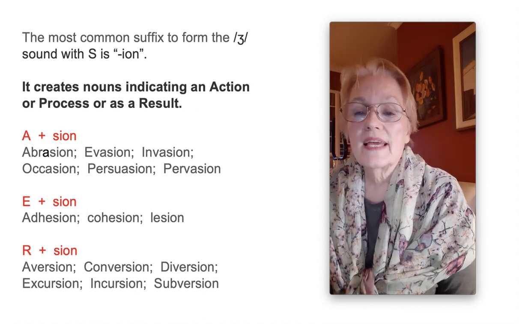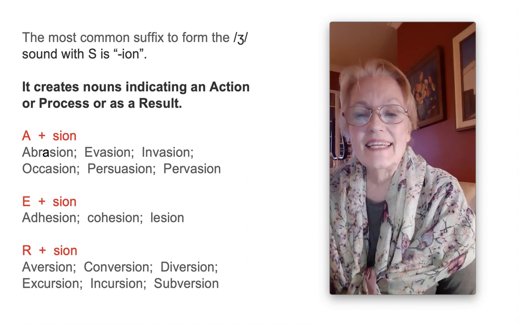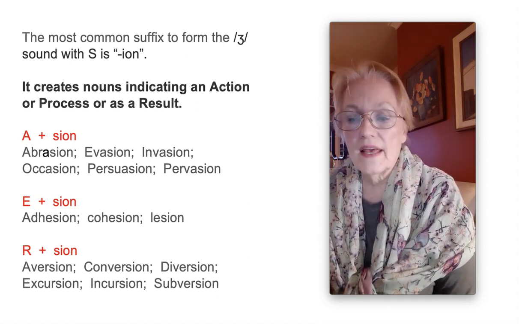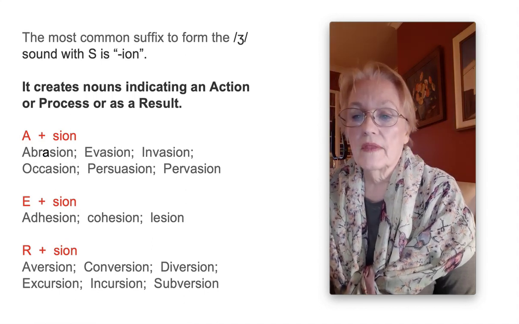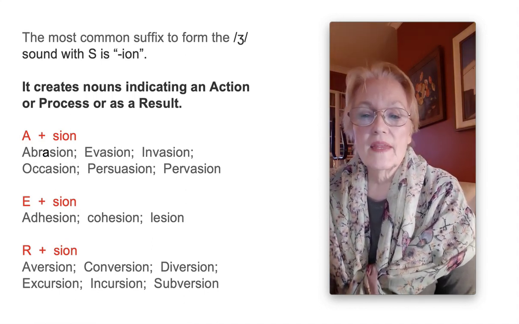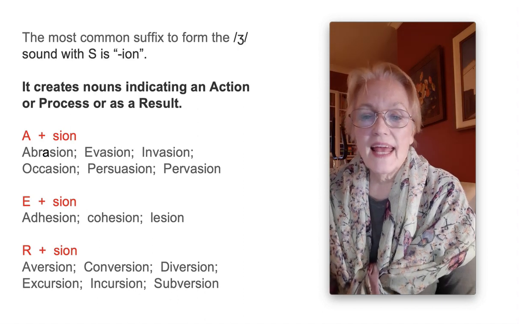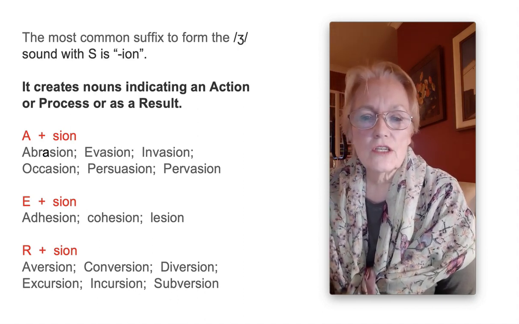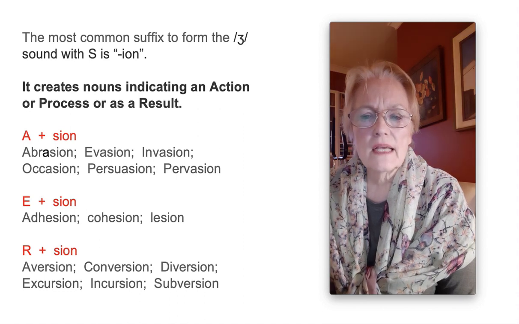adhesion, cohesion, lesion. And here is the exception with the R before the S: aversion, conversion, diversion, excursion. Now, the English we say excursion, but I think in America they might say excursion.